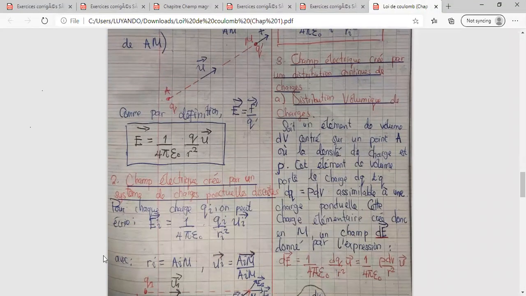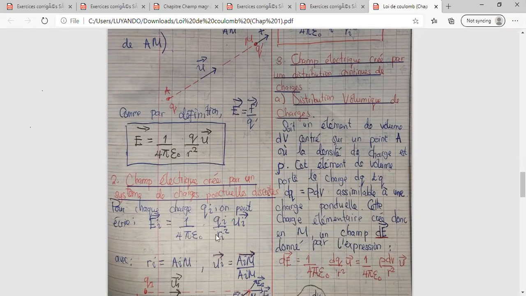Ei is equal to this times this, which is what we're calculating here. Now we're finding the electric field at the charge Q1 or Q2 or Q3, whatever the case is.